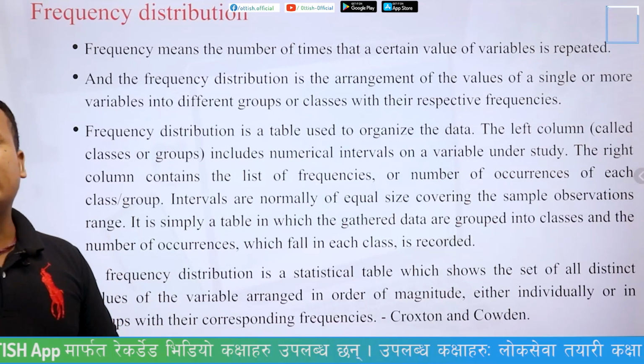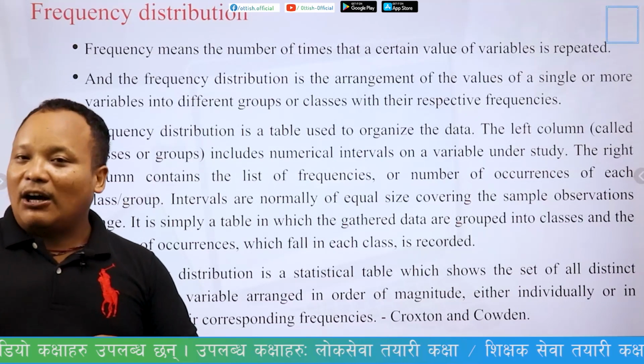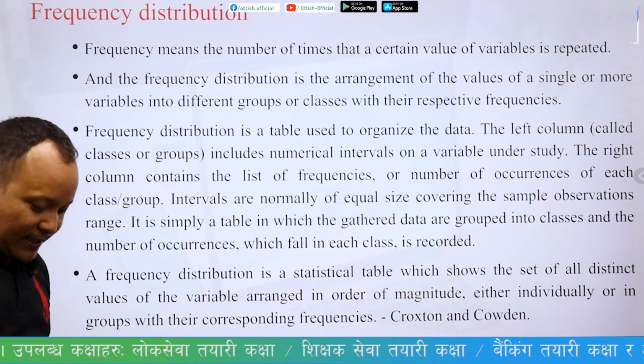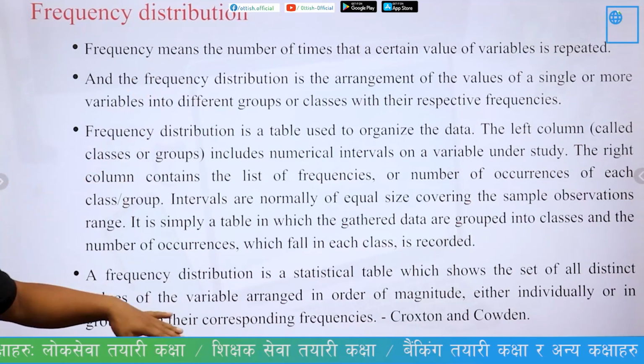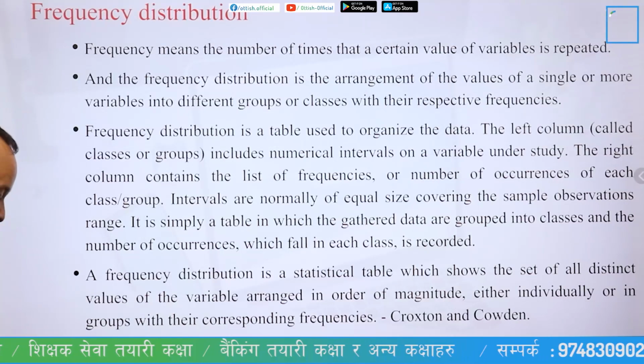This is the definition of frequency distribution given by Croxton and Cowden. This is how we define the frequency distribution of an observed set of quantitative variables.